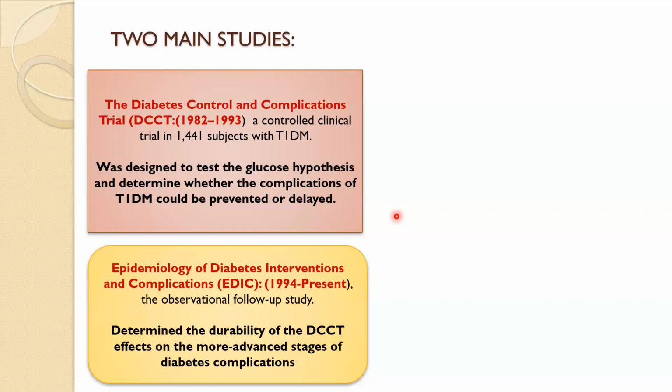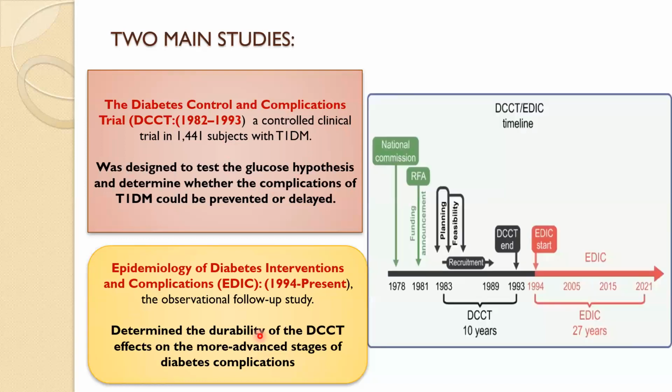It's an observational follow-up study, and the main aim was to determine the durability of the DCCT effects on the more advanced stages of diabetes complications. So whatever DCCT found, this study aimed to look at the durability of the effects on those complications. So this is basically what we are talking about: right from 1982, DCCT is initiated, and 10 years later, in 1993, it's brought to a stop.